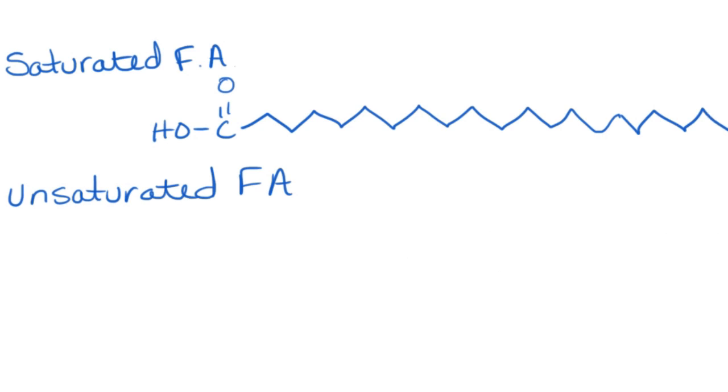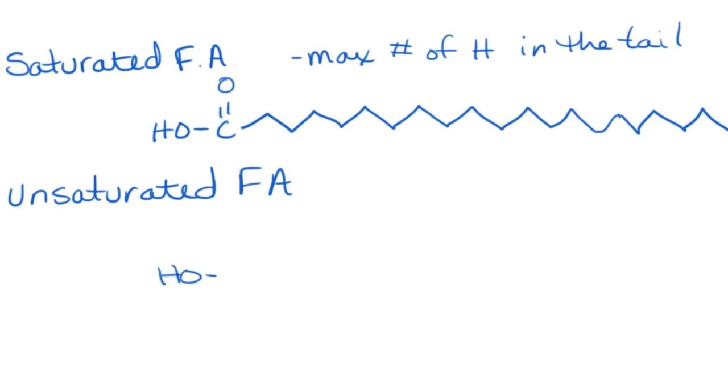So that's my saturated fatty acid. That is what we had an example of just a moment ago. The saturated is referring to the fact that these have the maximum number of hydrogen atoms in the tail. And what I mean by the tail is the long hydrocarbon portion of it. If that doesn't make sense to you, first off, let's take a look at the unsaturated ones.